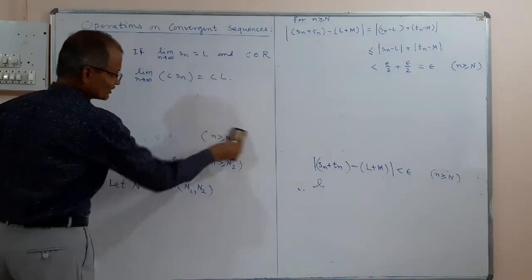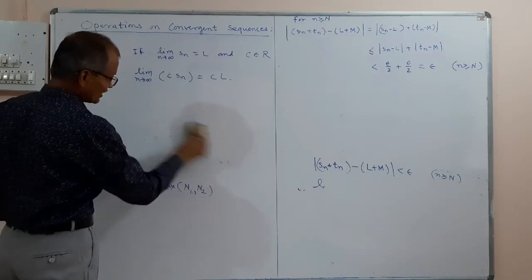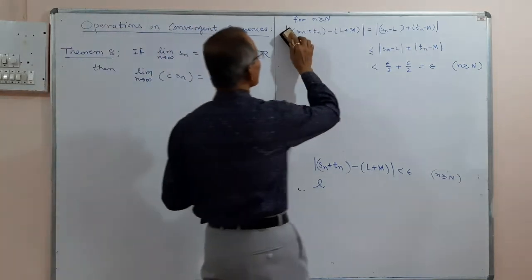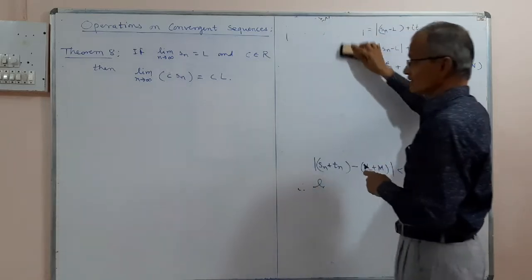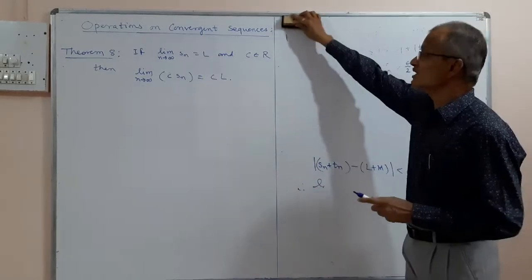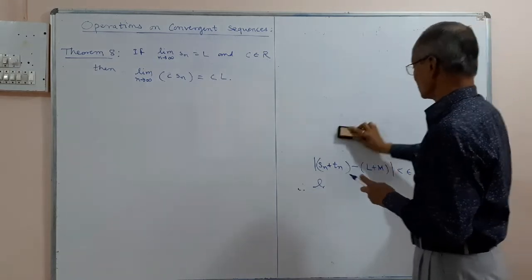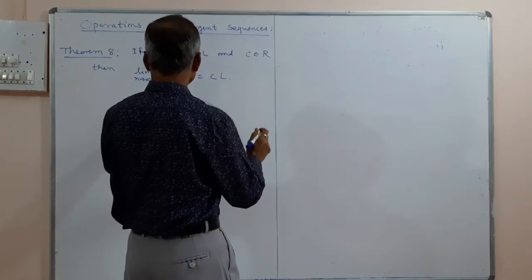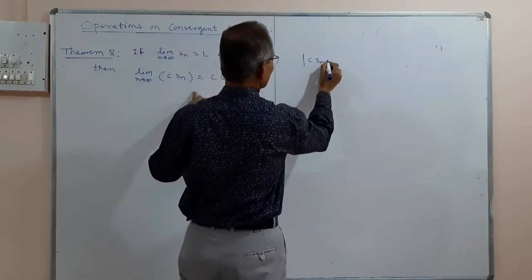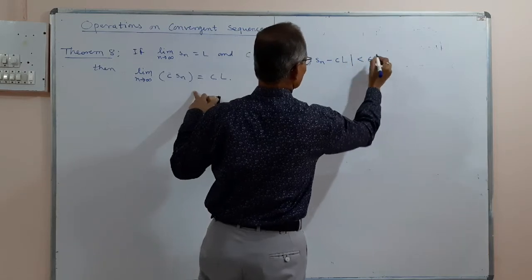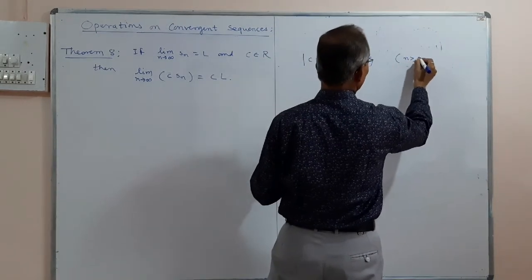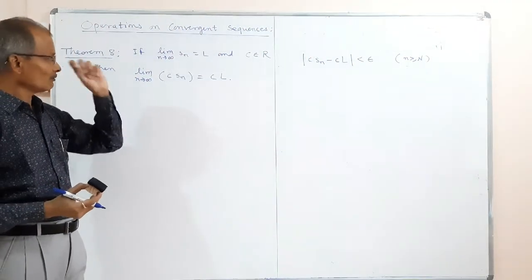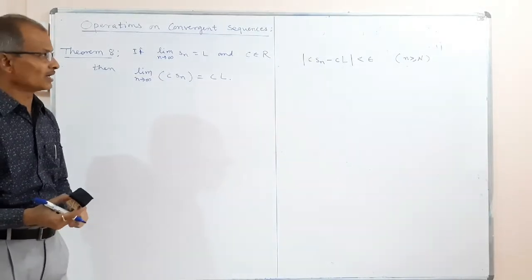Now this result is also easy to prove, and I will write here only the steps which are important in this proof. As in the earlier theorem, to show limit of C Sn is equal to C L, the final result we require is the absolute difference: mod of C Sn minus C L is less than epsilon for n greater than or equal to N, by definition of limit of a sequence.